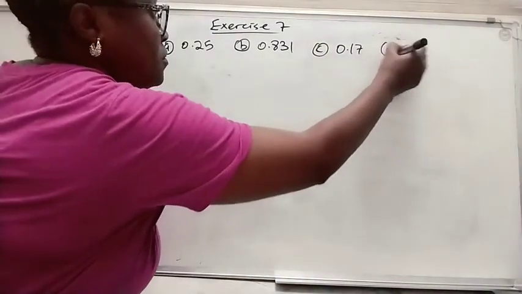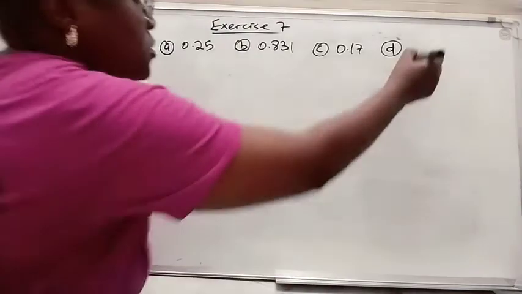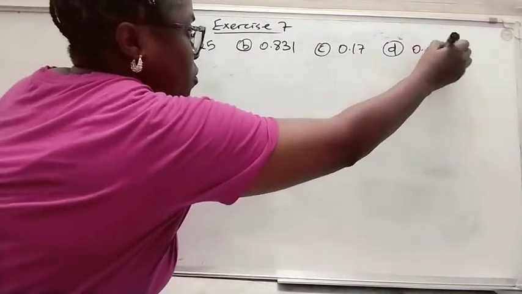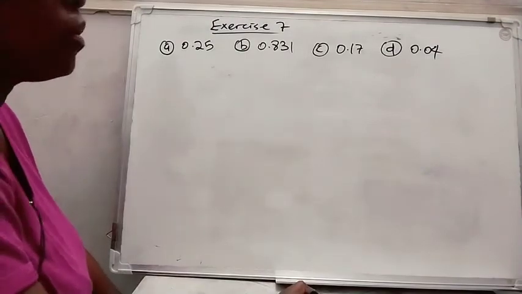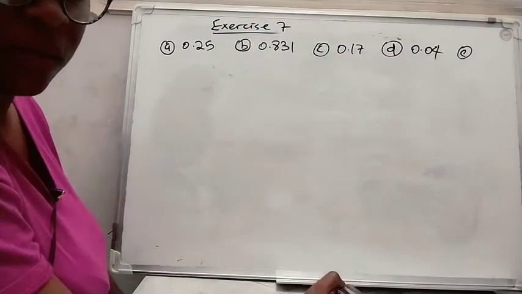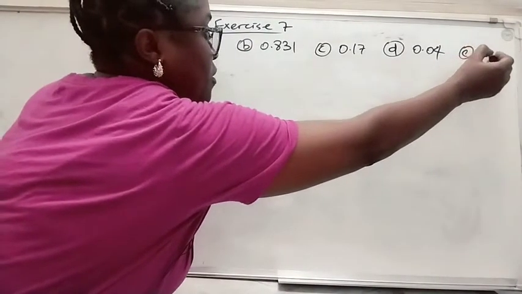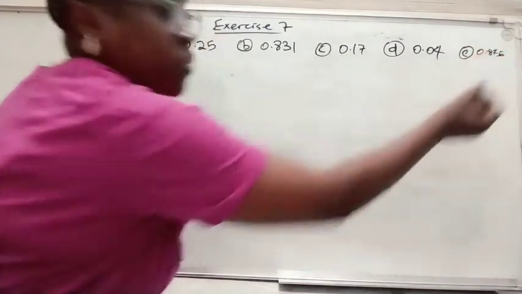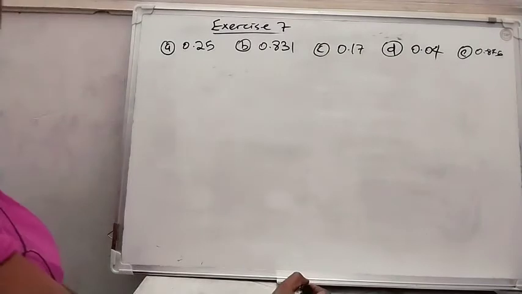Then D is what? 0.04. Then we have E. E is 0.875.